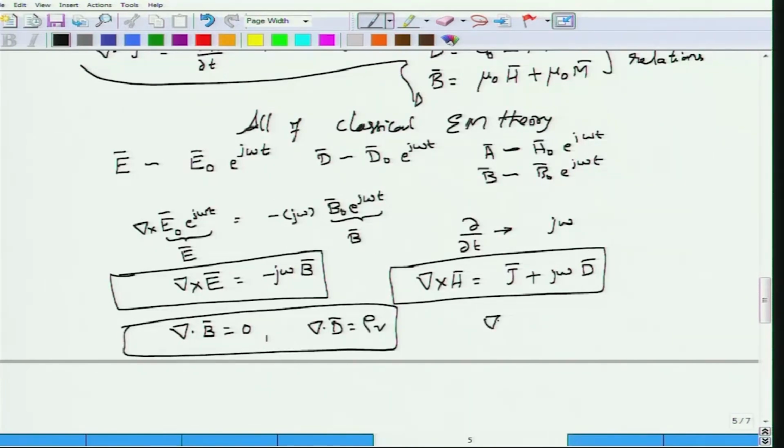The continuity equation becomes del dot J equals minus j omega rho v. Okay. So, these equations are known as the harmonic form of equations, or sometimes, to emphasize that this harmonic motion is happening in time, they are called time harmonic electromagnetic fields.